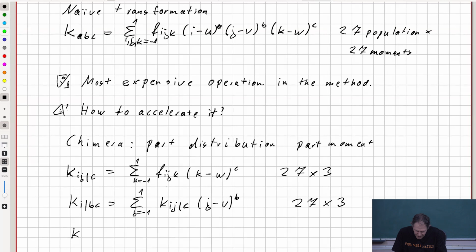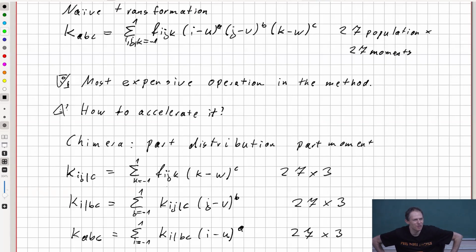And then at last we have K_abc as the sum over i equal to minus 1 to 1 of K_ibc times (i minus u) to the power of a, 27 times 3. And of course, thinking about this for 10 minutes, you should all come up with this, because it is completely true.